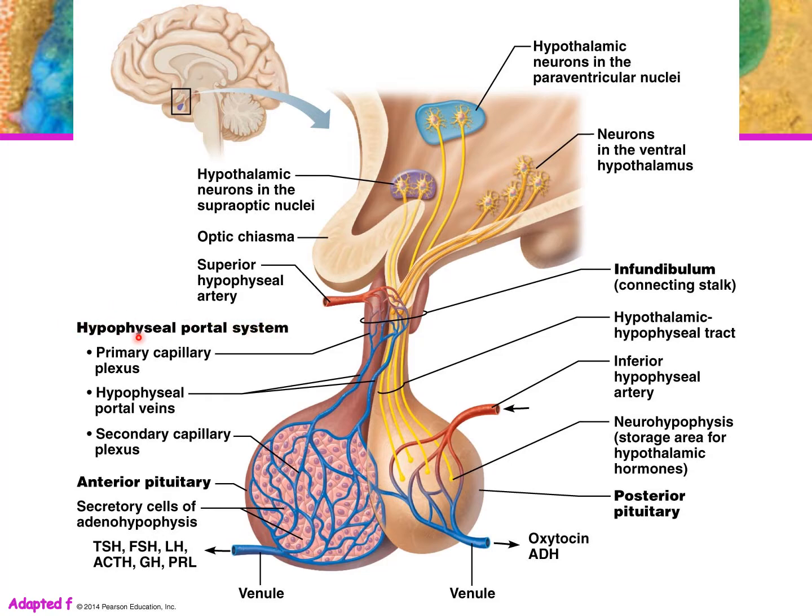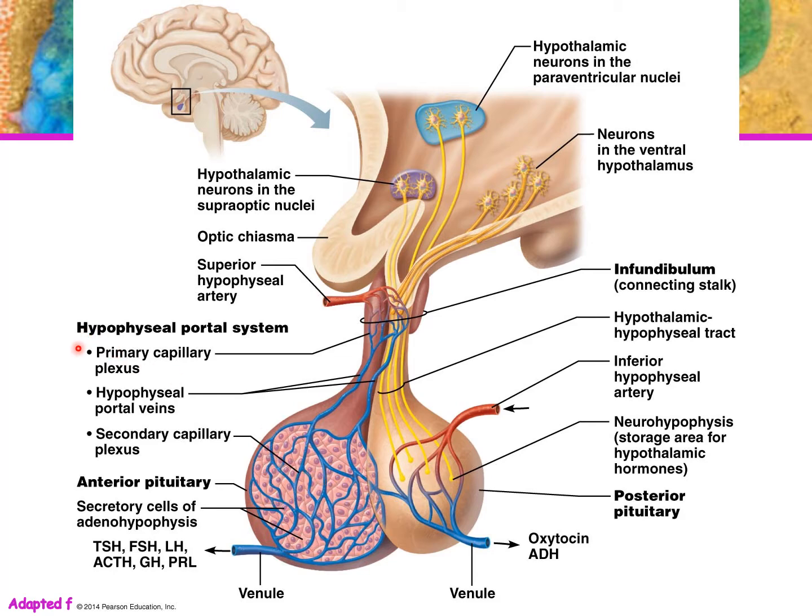Here we see an important system called the hypophyseal portal system. This system is a venous system that transports inhibiting and releasing hormones from the hypothalamus down into the anterior pituitary, and by stimulating the anterior pituitary in this way, it causes the secretion of 6 different hormones.